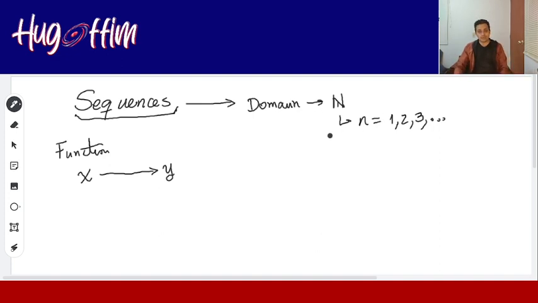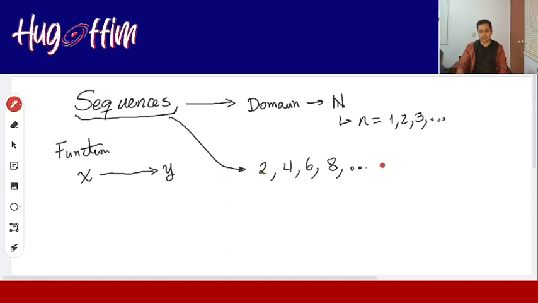For example, let's say somebody gives you the sequence 2, 4, 6, 8, etc. What we're doing is telling you the terms, or the range of our function, using natural numbers.